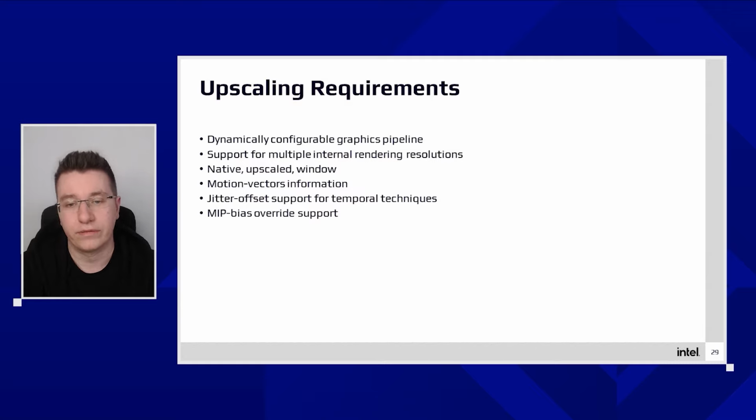You should already have them for your temporal anti-aliasing techniques or modern denoisers. The jitter offset should be there for free as you used the previous techniques. The last thing is the MIP bias override support. You can implement it on your own in your shaders in the PSO state initialization.